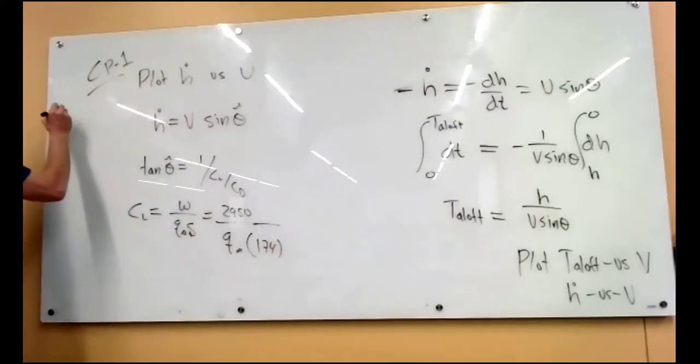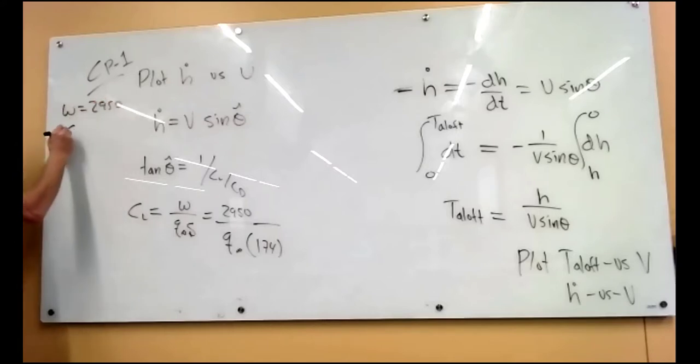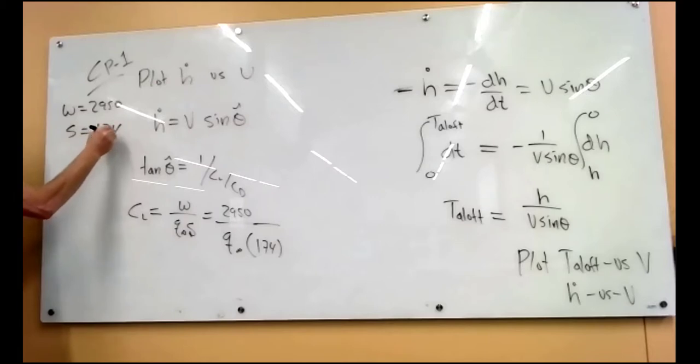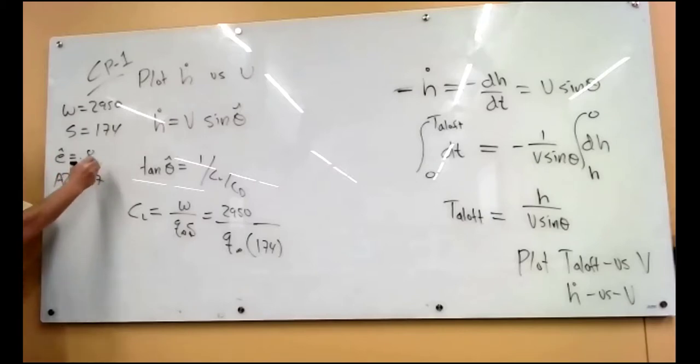So let me list the data up here. Weight equals 2950. This is from the book that we got before. Area is 174. The efficiency factor is 0.8. Aspect ratio for this thing is 7.37.